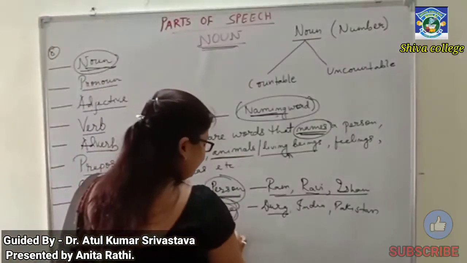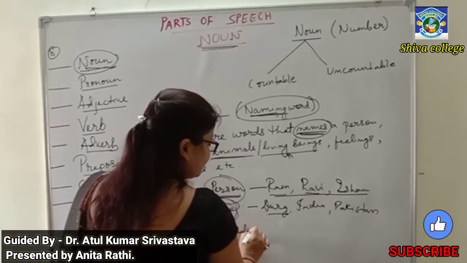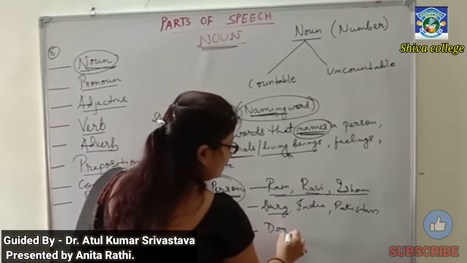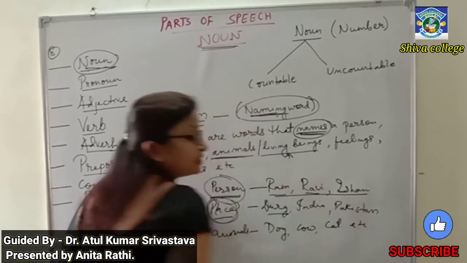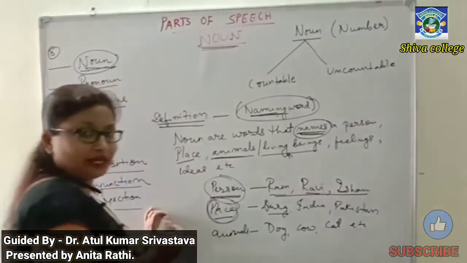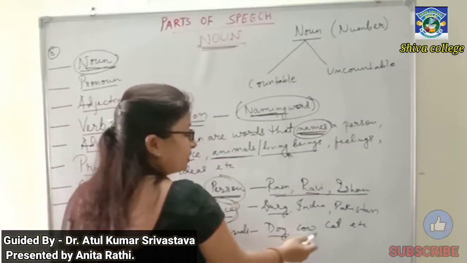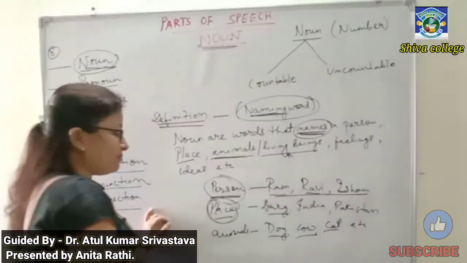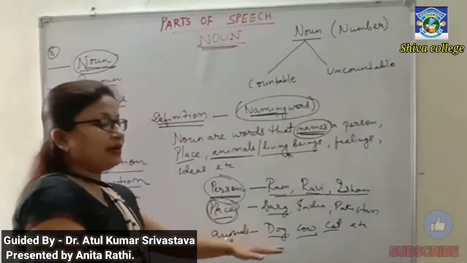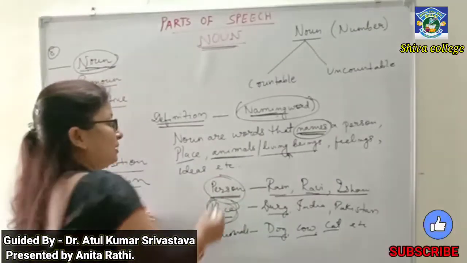For example, if we write names of an animal: dog, cow, cat, etc. Here also we have seen names of animals like dog, cow, cat, camel, any other animals you can name. So this is also regarded as noun.